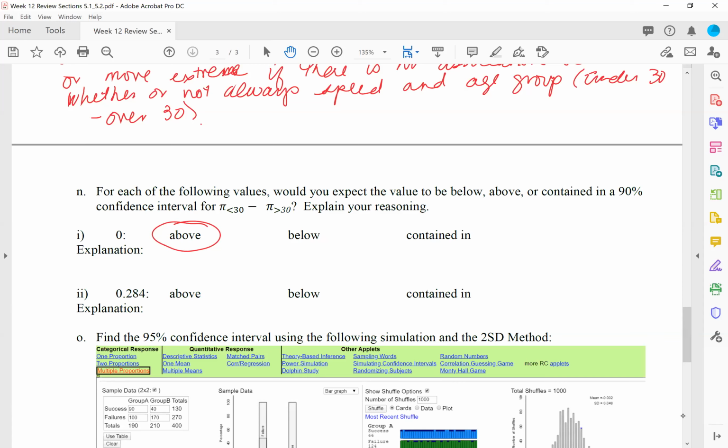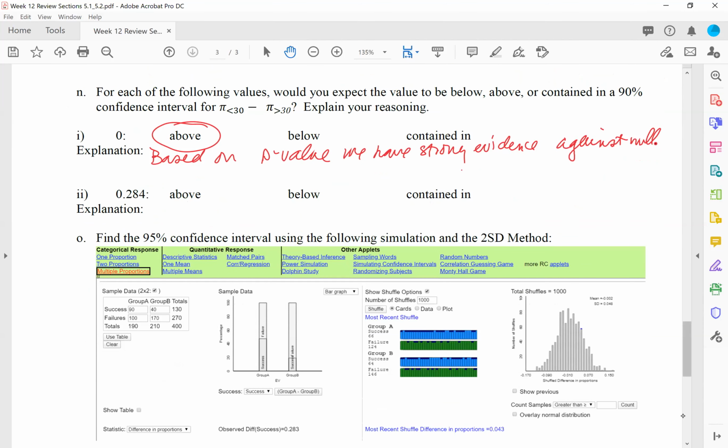Right, so this entire interval will be above because we were doing the order of subtraction of under minus over, and we had a positive value for that. So based on the p-value, we have strong evidence against the null, so 0 would not be in our interval.